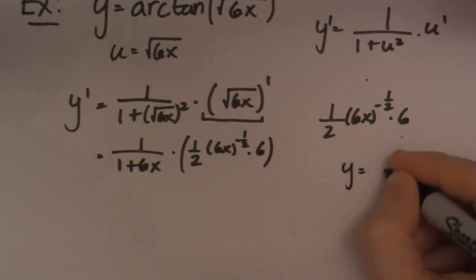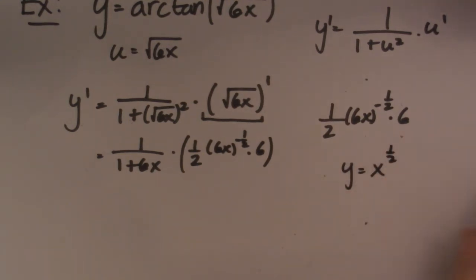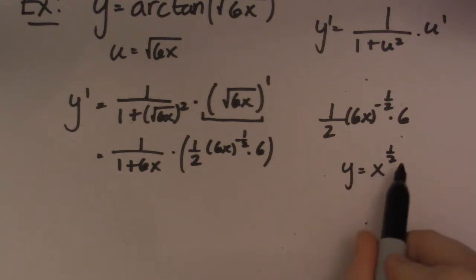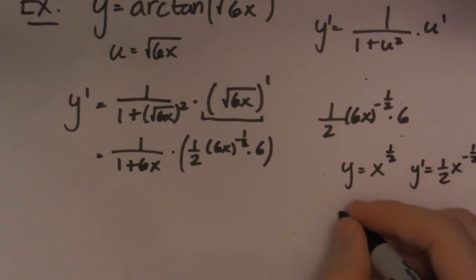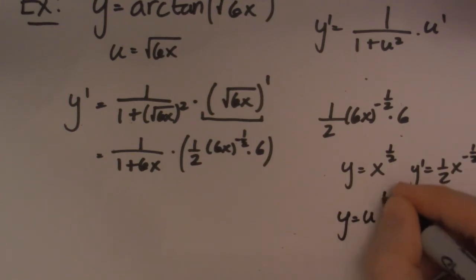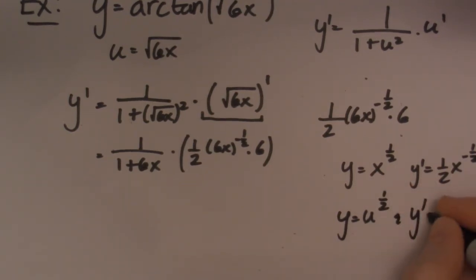So remember, we can write any root with an exponent of one half. So the derivative of this guy is 1 over 2 x to the minus 1 over 2. So the derivative of any root, so if it's u, is just going to be 1 over 2 u to the negative 1/2 times u prime.